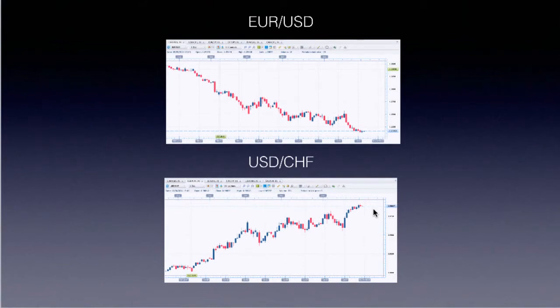Now, while the charts are not exactly the same in terms of one moving down and one moving up, what we want to look at is how the charts actually look. So if we start over here, we'll notice that the US dollar Swiss franc was moving up and then it kind of went flat a little bit. Well, over here you'll notice that the Euro US dollar was moving down and then it kind of went flat a little bit, and then it moved on down again.